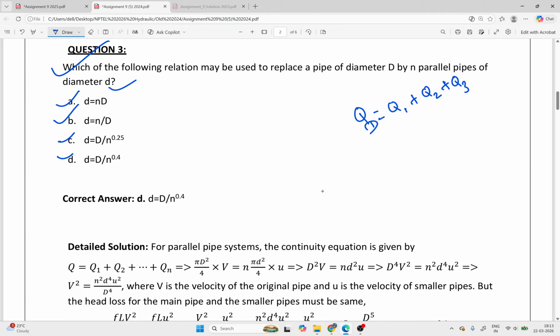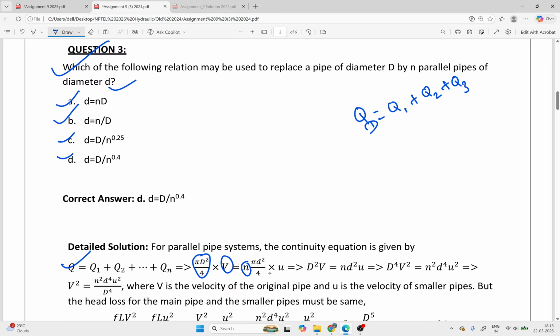Here the detailed solution is given, let me explain. For a parallel pipe system, the continuity equation is given by Q is equal to Q1 plus Q2 and so on, that is nothing but area into velocity is equal to N times area into velocity.